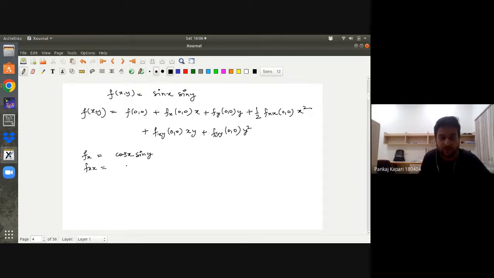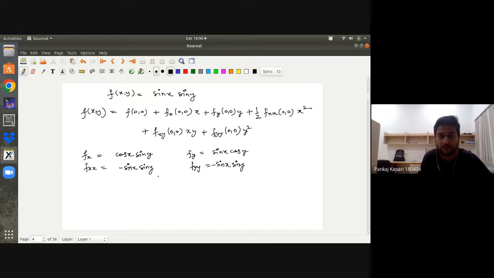We differentiate with respect to x again: minus sin x into sin y. Similarly, what is f_y? It is sin x into cos y. What is f_yy? It is sin x into negative sin y.